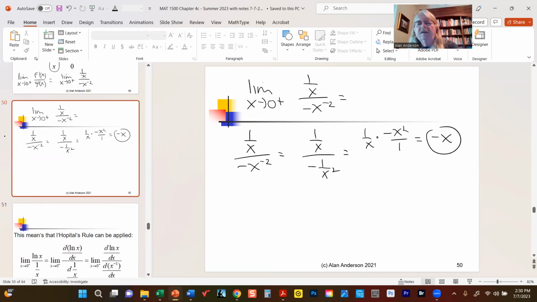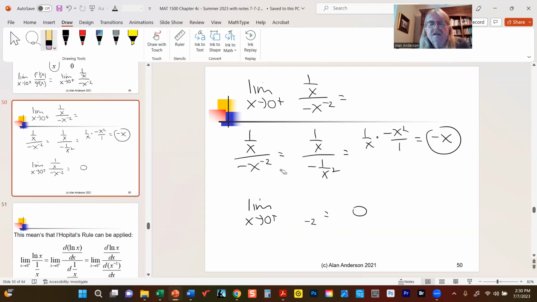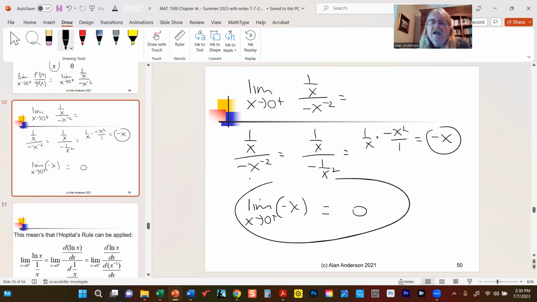Okay, that's a lot better. So therefore the limit is 0. Actually, let me write it like this. Since I went through all that work, let's make it negative x here. And that's, at long last, the answer.